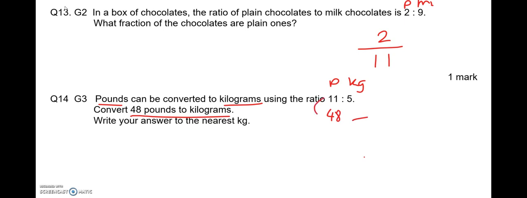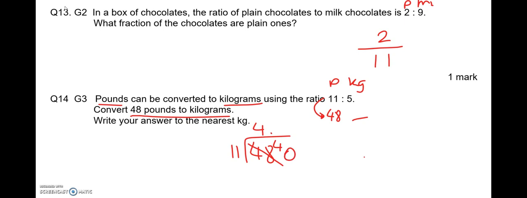So we'll look at how many 11s fit into 48. So 48 divided by 11. There 4 of them fit in there, which is 44. And we have 4 left. At this point, we've run out of digits, so we're going to have to put a decimal point here and we can add a 0.